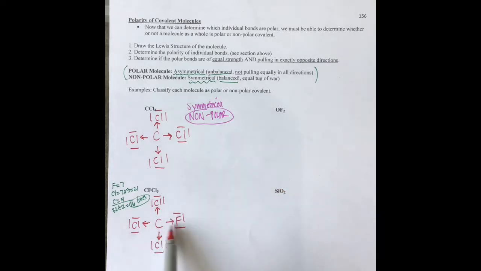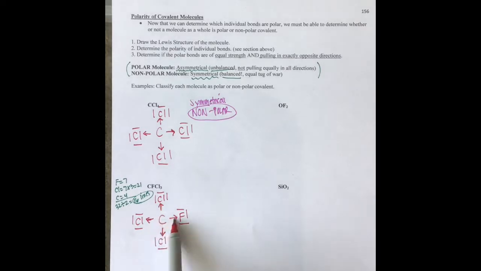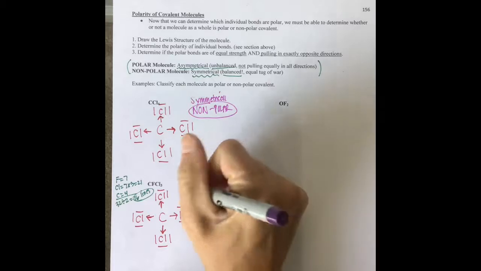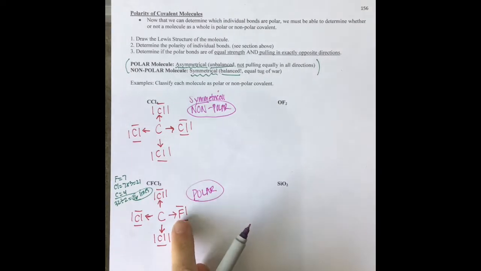But when you're pulling left and right, you have 2 different atoms on either side of your carbon, and so this is not completely balanced. This is a polar molecule, simply for the fact that we have a different element here.